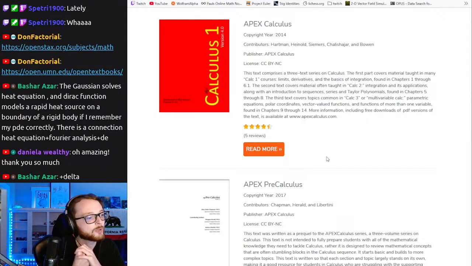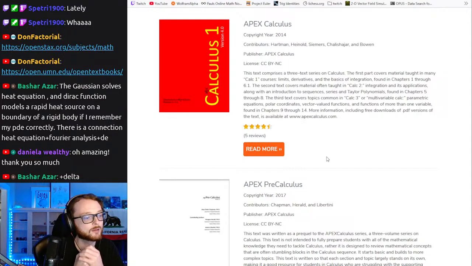The Gaussian solves the heat equation, and the Dirac function models a rapid heat source on a boundary of a rigid body, if I remember my PDE correctly. Its connection: heat equation, Fourier analysis, and delta. Oh, that's cool to hear, Bashar. I know that a Fourier series is a solution that pops out of the heat equation.